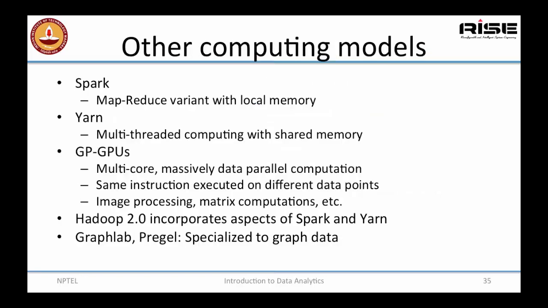There are other computing models. I just spoke about MapReduce in this talk. There is Spark, which is a MapReduce variant with local memory, and then there are GPUs, which are multi-core massively data parallel computations, and then there are other models with shared memory multi-core computations. Depending on the use case that you have, you will have to use different computing models.